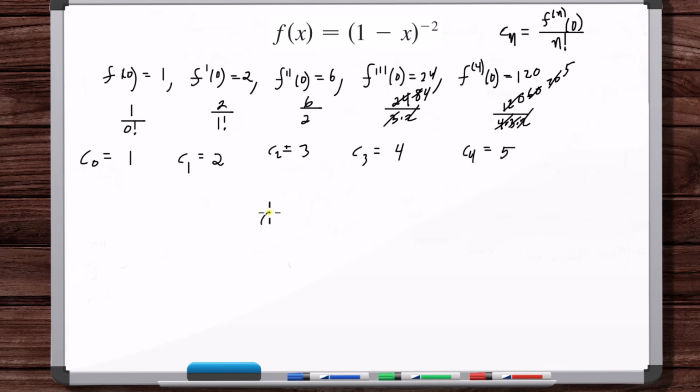Okay, so what is c sub n? Well, if n starts at 0, we see it's just going to be n plus 1, the entire c sub n. Right, n is equal to 0, we've got 1, n is equal to 1, we've got 2. So this is the entire c sub n in the power series representation of a function.